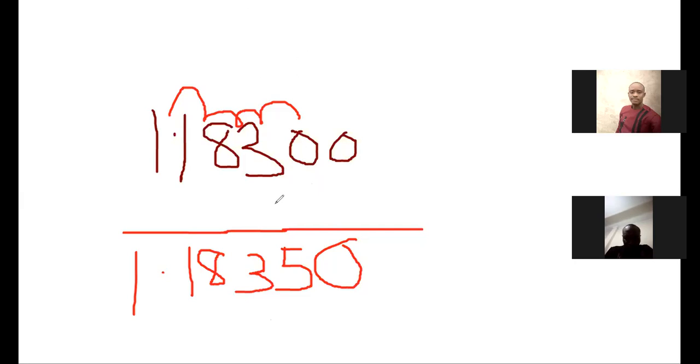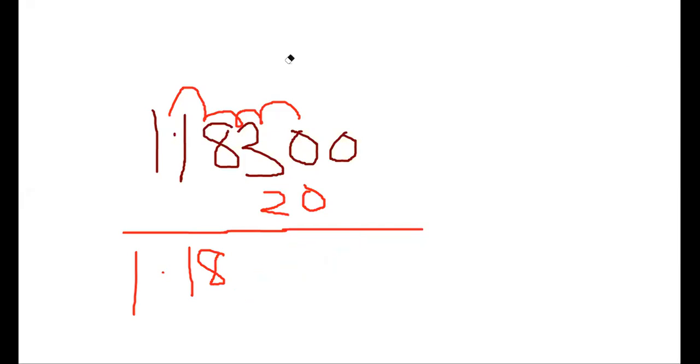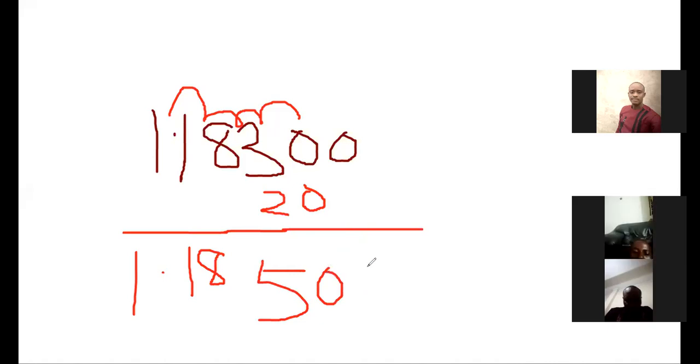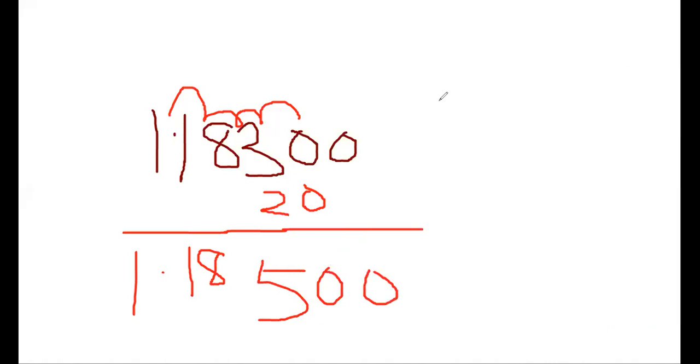Just come here and put 20 underneath. And this will give you a value of 1.18500.